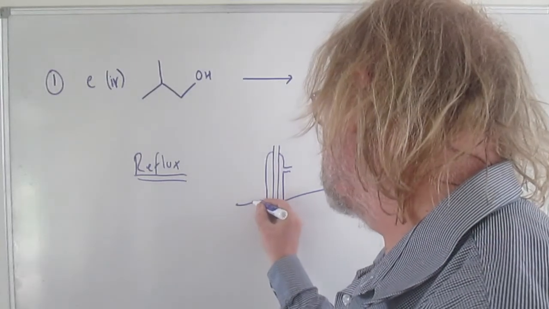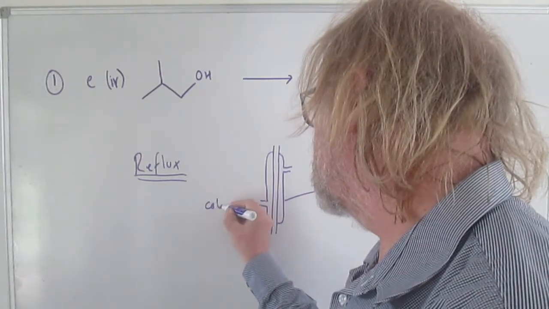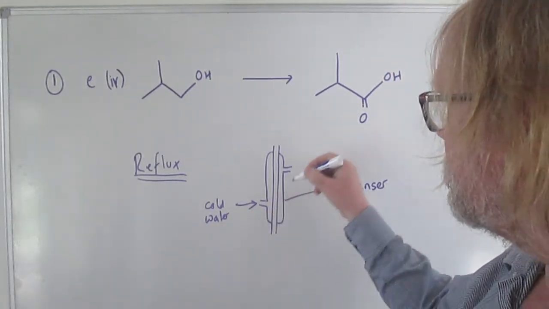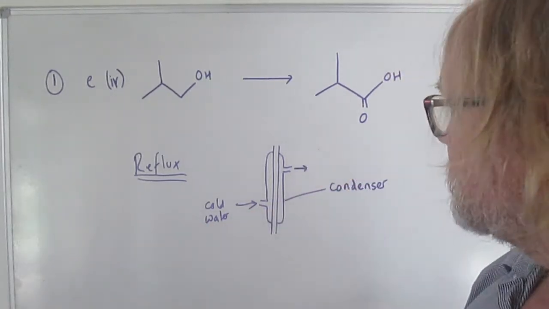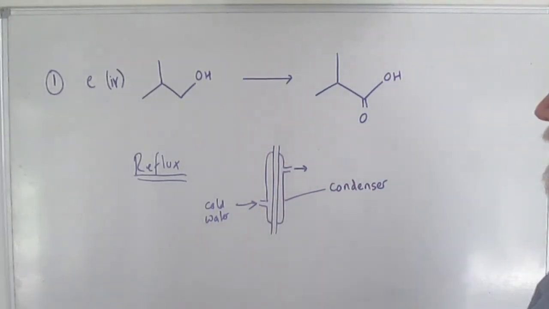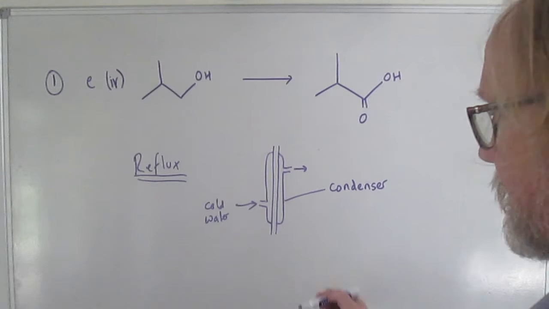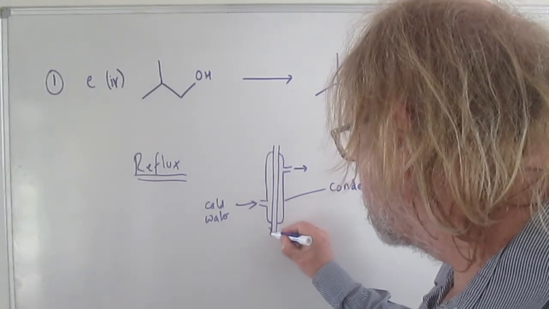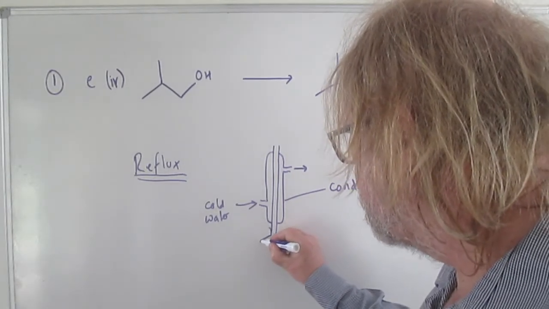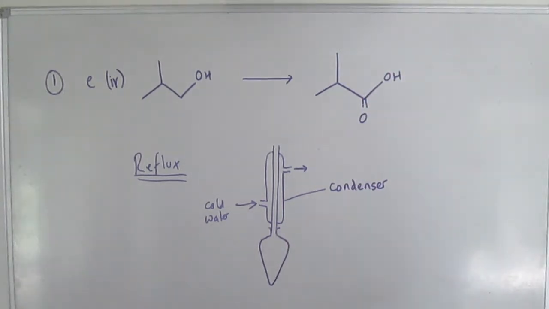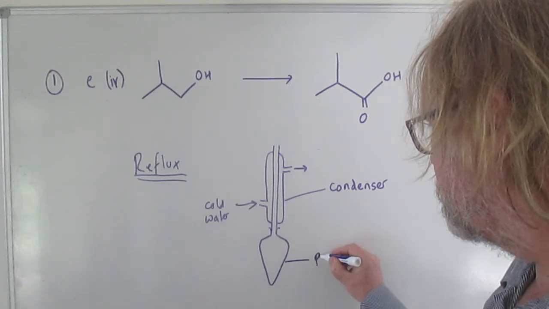So what you also need to label is that you need to have cold water flowing through it, and it must go in at the bottom and out at the top, because that's the only way to get it to flow efficiently and fill up the whole condenser. Okay, so you've got to draw that, make sure that it's open at the top. We'll just talk about that a bit more in a minute, but let's draw the flask on. I have a choice of two types of flask. You can draw one like that, which is called a pear-shaped flask, in which case you label it pear-shaped flask.